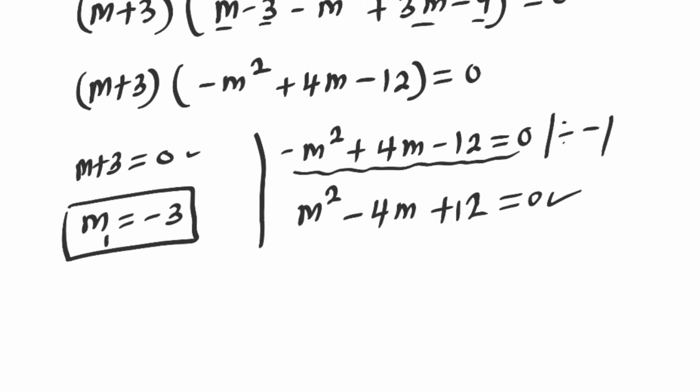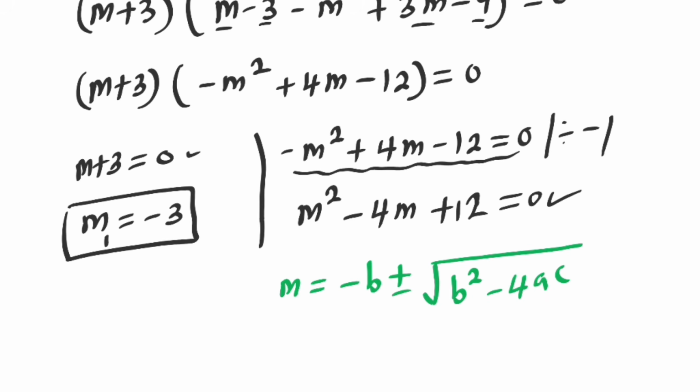And a quadratic general formula is given as m is equal to minus b plus or minus square root of b square minus 4ac over 2a.